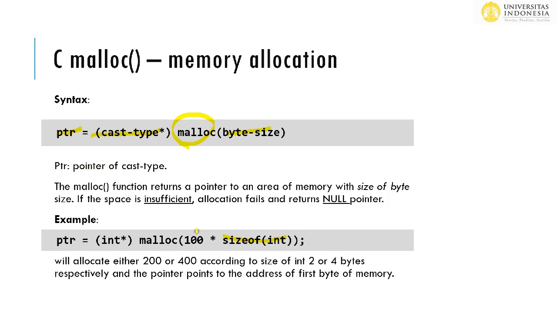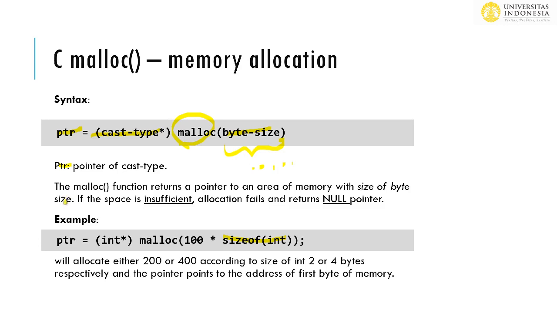It's better to use sizeof instead of a certain number of bytes, right? So we call the ptr here, defined in this syntax, a pointer of cast type. You can read the statement as ptr is the pointer of cast type, allocated with the size of something here.